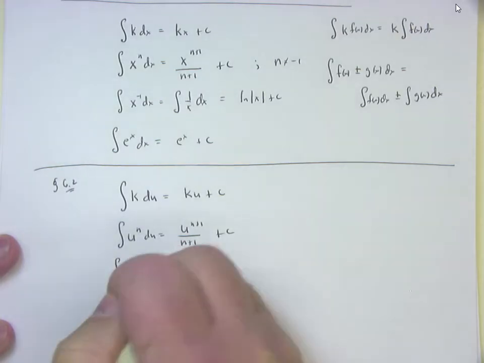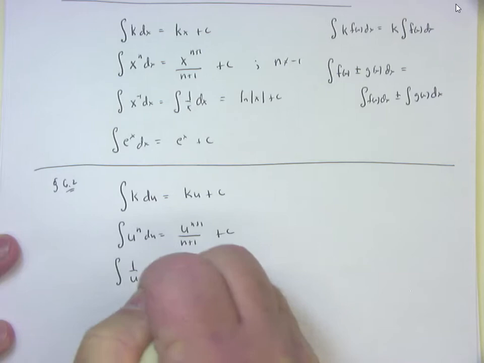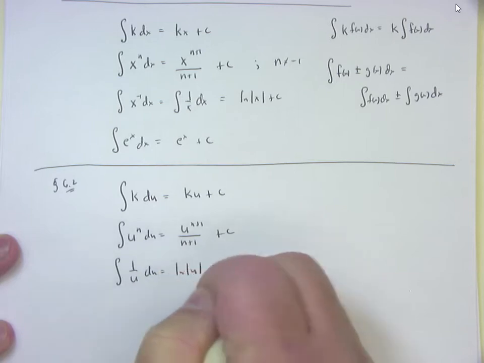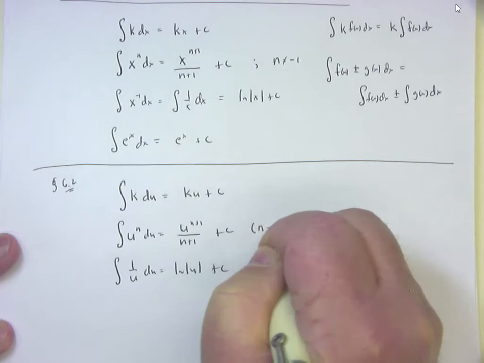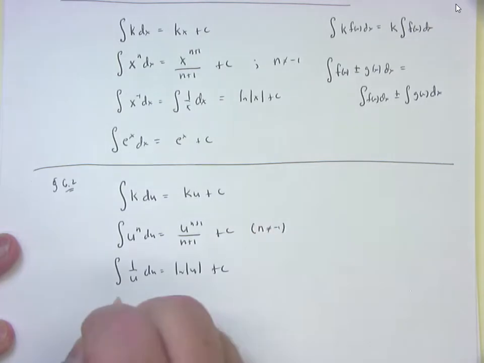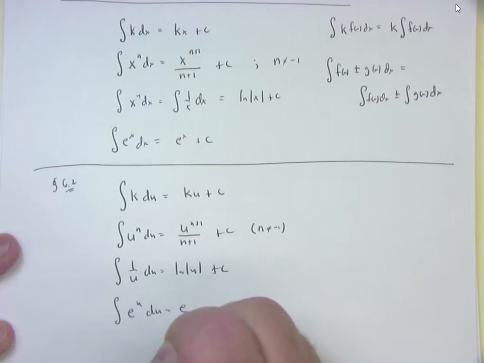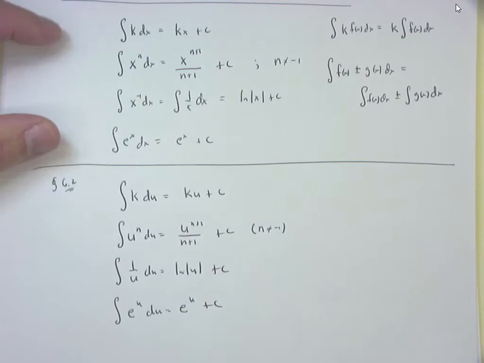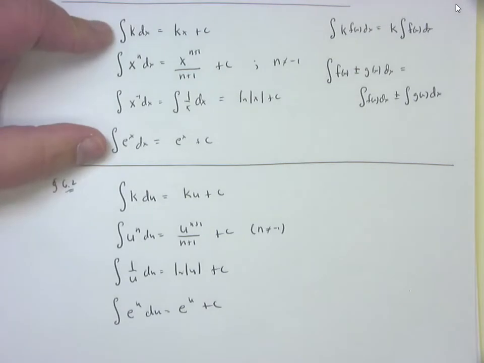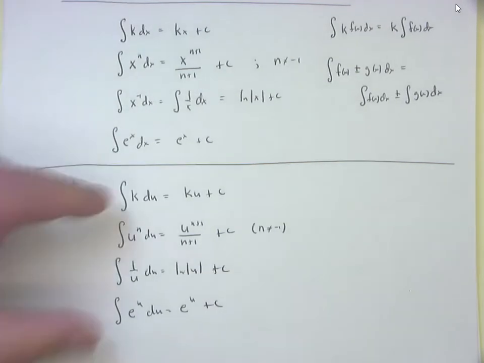The integral of 1 over u du is equal to the natural log absolute value of u plus c. So this is your power rule formula, provided n cannot equal -1. And the integral of e to the u du is equal to e to the u plus c. So if you'll notice, all I've done is write the original forms that we memorized from last time in terms of u.